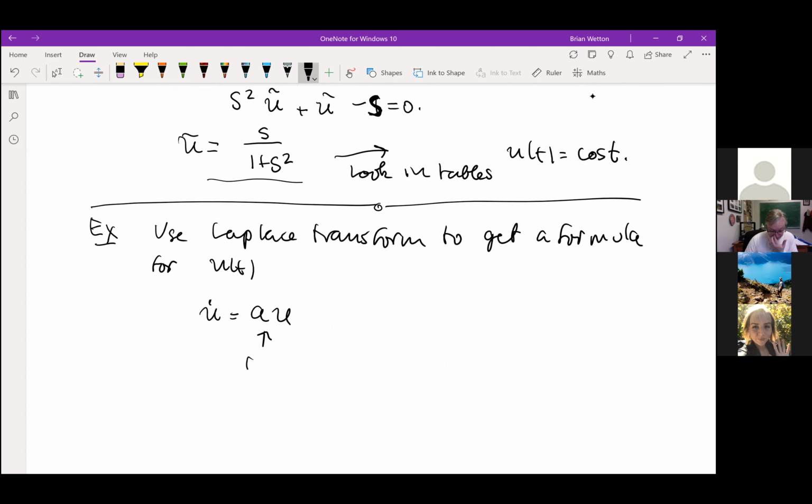This is going to be a constant times u plus f of t. I'm going to look at this one with the data, but no initial conditions.